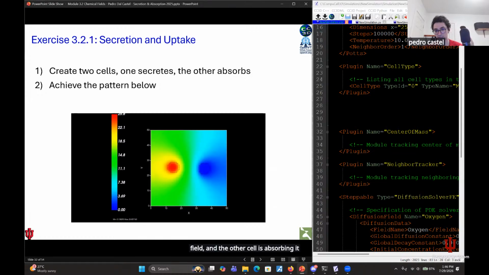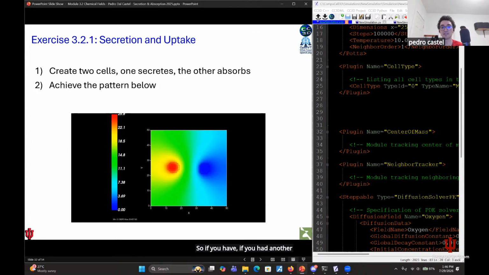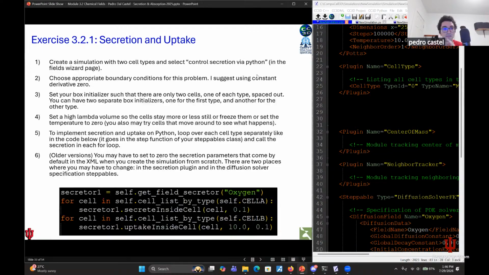This is the most basic setup of cell communication via signals: one cell secretes something, the signal spreads through space, takes a while to reach the other cell, and the other cell consumes it. Not only does it consume it, it leaves a shade behind. If you had another cell behind, it would see a lower concentration of this field, because there is another cell in front of it taking it up.